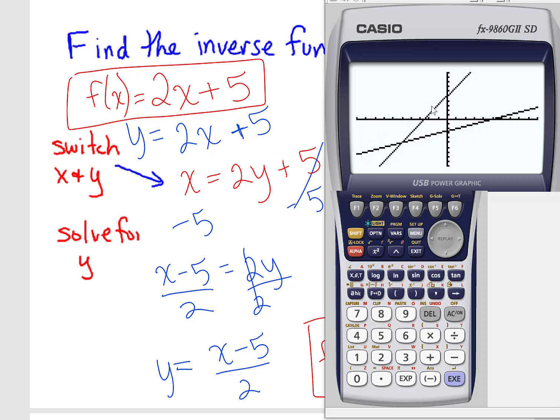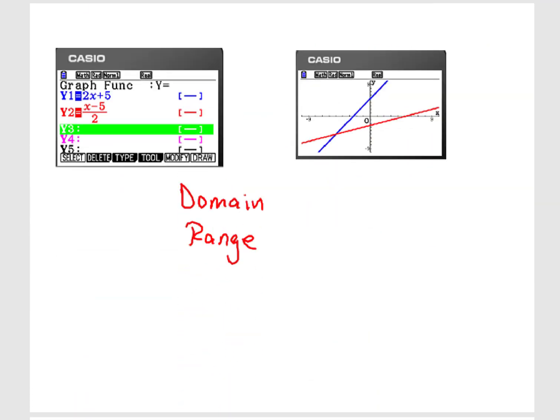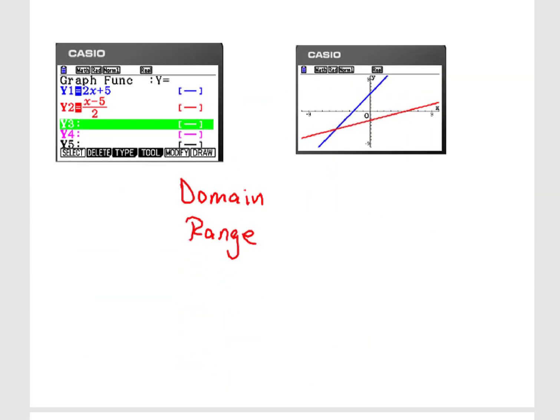And every y value on this graph right here up top is an x value on that bottom graph. And here we can see it on the calculator. That actually shows it in 2 different colors, a little snapshot there.